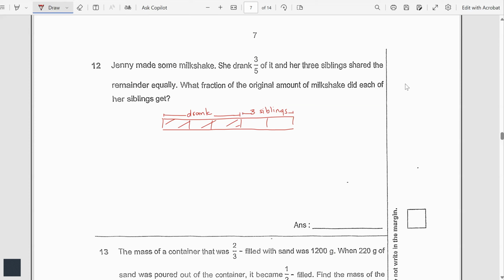Okay, since the remaining goes to the 3 siblings, let's redraw and cut it into 3. So we're trying to find one sibling. Like what fraction of the total?